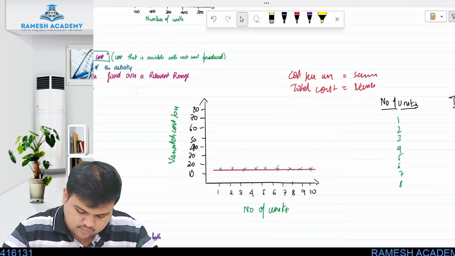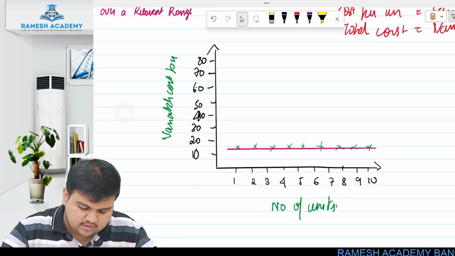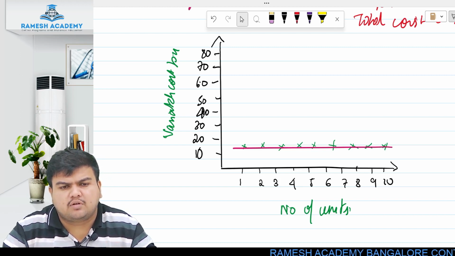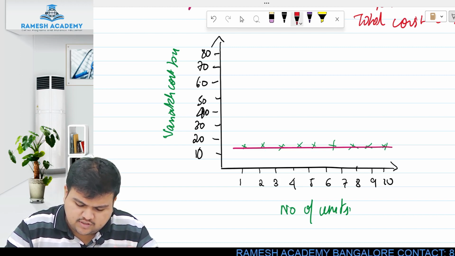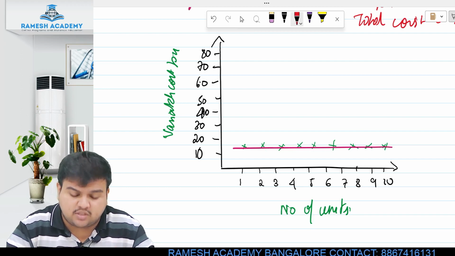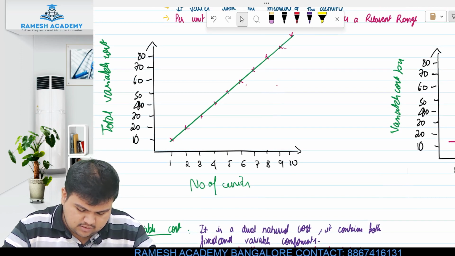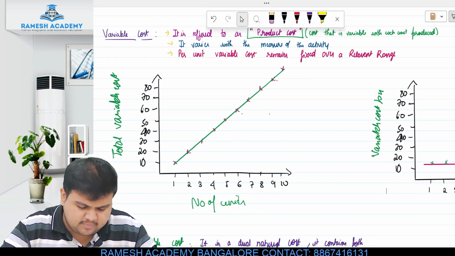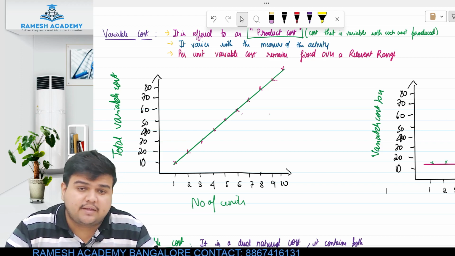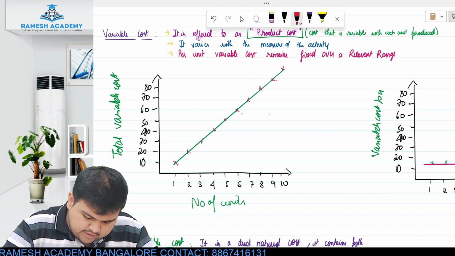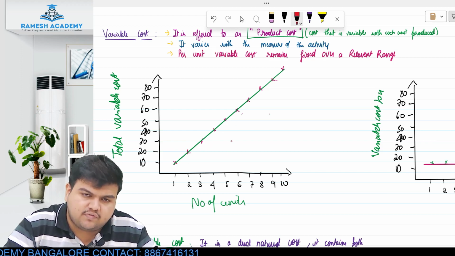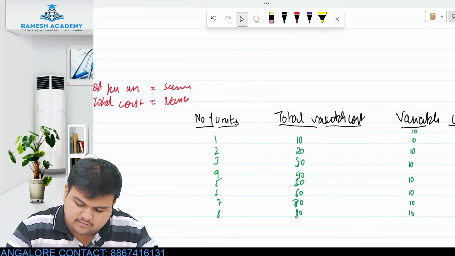Now we look here. Variable cost per unit is a straight line. 20 rupees variable cost I incur. First unit, second unit, 20 rupees only. Per unit, 20 rupees only. I don't incur more than that. But when it comes to total variable cost, it will be rising systematically. 1 unit 10 rupees, 2 units total cost 20 rupees, 3 units 30, 40, 50, 60, 70, 80.